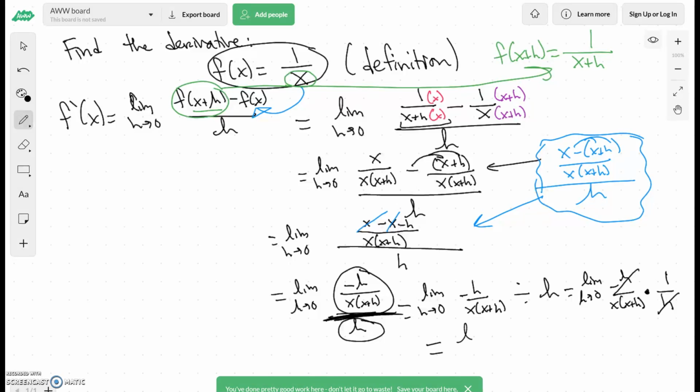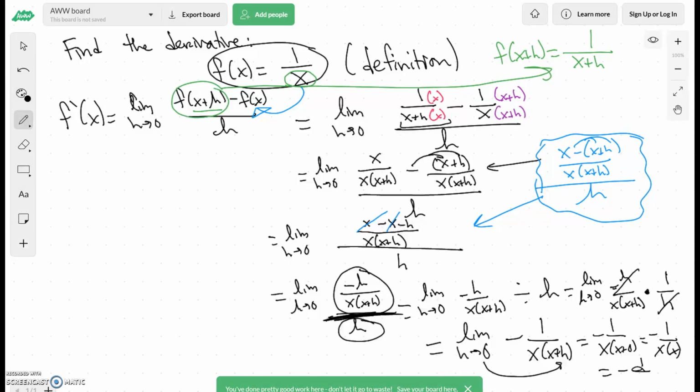And what I'm left with is just the limit as h goes to 0 of the negative. Remember that there was a negative there, negative 1 over x plus h. All I got to do is just plug in 0 in there. I'm going to get negative 1 over x plus 0. This is going to give me negative 1 over x times x, which in turn is going to give me negative 1 over x squared.